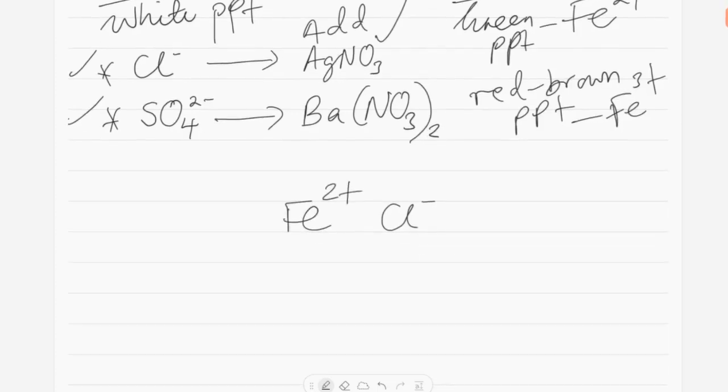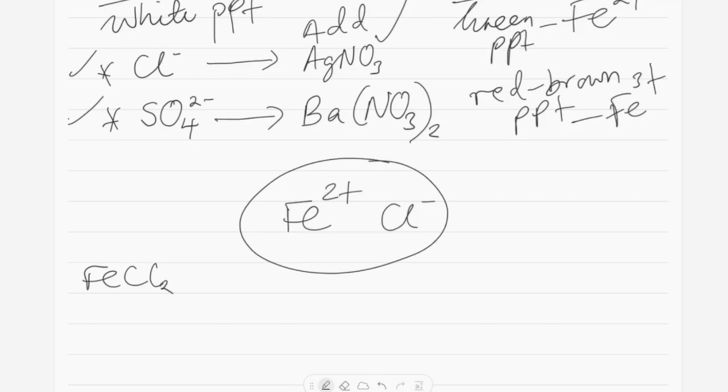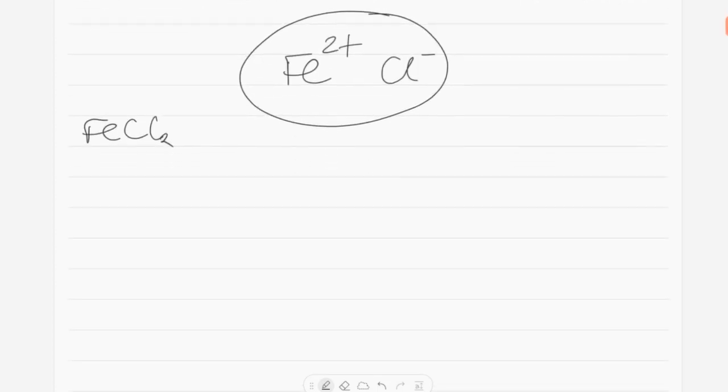So from this, we do observe that the green crystal is that of iron chloride. So we're going to have iron chloride as our green crystal. Now, to this green crystal, after we add water, we form a pale green solution, which in this case is going to be iron chloride solution.